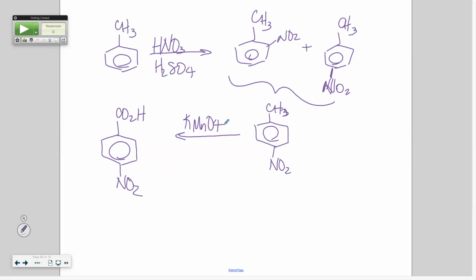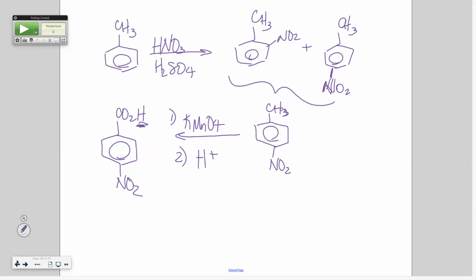You'll notice that the KMnO4 one is usually written like this, 1, 2. The only reason is because KMnO4 tends to work really well when it's basic, and you have to do that extra step to acidify it in order to get your carboxylic acid. That's all. Didn't you do a separations lab last semester in the sep funnel, and then you had to acidify to get the acid back? Yeah, so this is kind of the same thing.